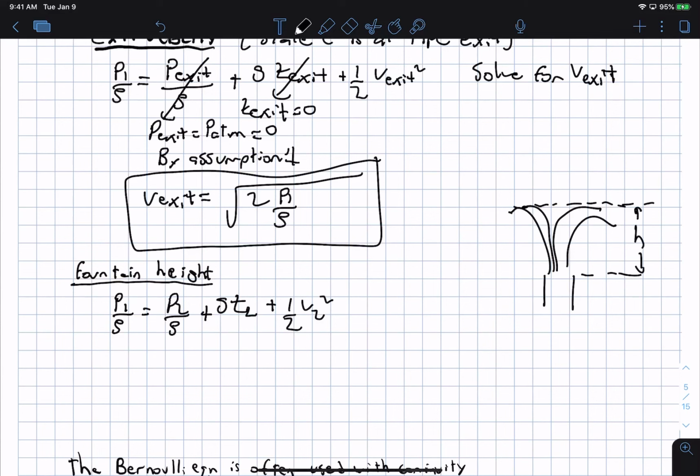This here is state 2. Well, what is the velocity of the fluid at the very top of the fountain? It has to be 0, because our streamline, which I'll draw right here, is basically stopping there as the flow turns around and goes back down. So at the very top of the fountain, the velocity is 0. So V2 equals 0 at the top, and that term goes away.